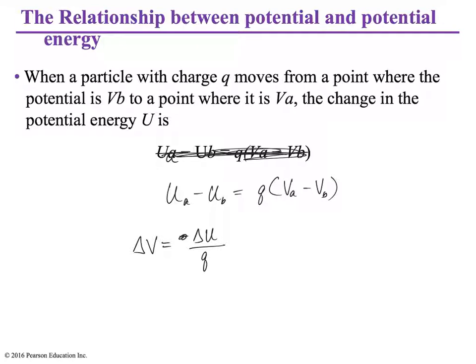They've just rearranged it so it says that the change in potential energy is equal to the charge times the change in potential. So if we take this charge and move it through this change in potential, delta V, then the change in the potential energy that the charge will experience is going to be this value.